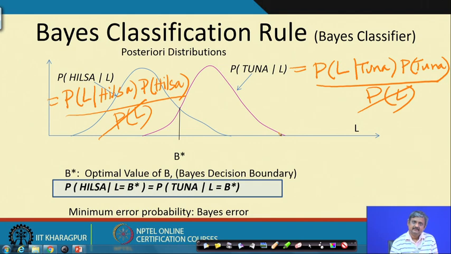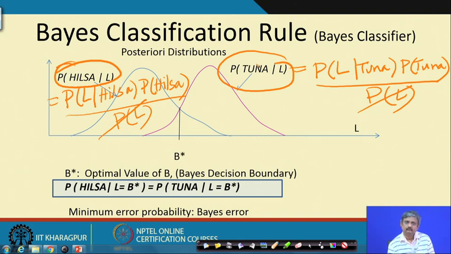And my B star boundary is now the intersection of these posteriors, not the class conditionals as I had mentioned earlier. Because it takes better care of the bias in the population. It still has the minimum error. So, this is my definition of B star, it still has the minimum error.